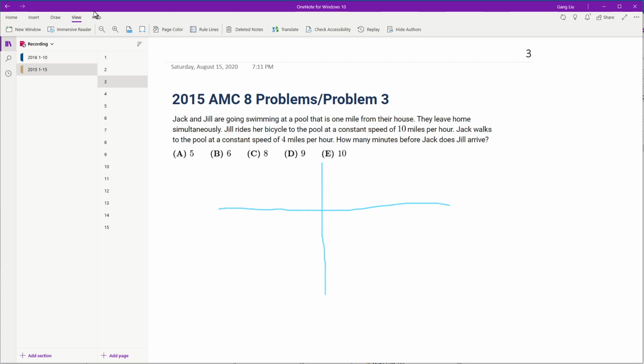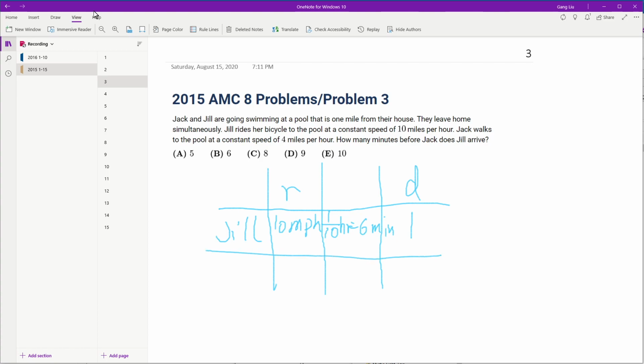We draw a speed, distance, time table, and the distance is 1 mile, and the speed for Jill is 10 miles per hour, and the time it takes is 1/10 hour, which equals 6 minutes.